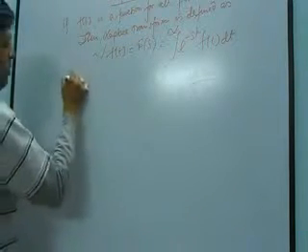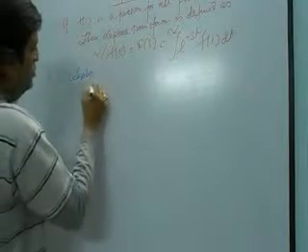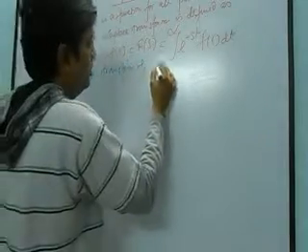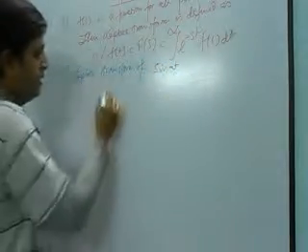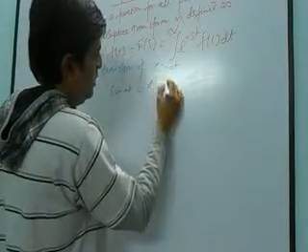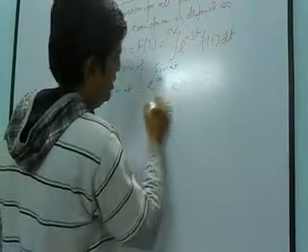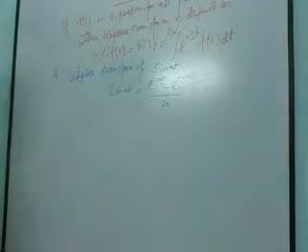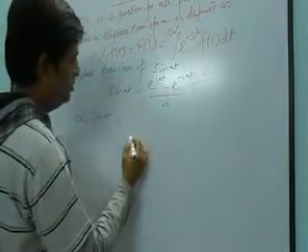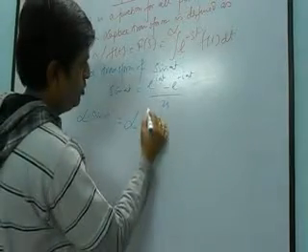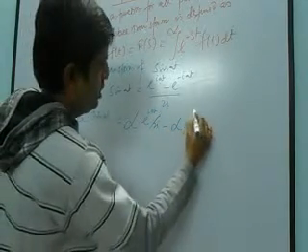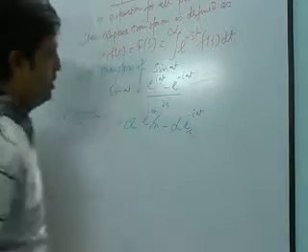Number 4, Laplace transform of sin at. Sin at can be written as (e to the power iat minus e to the power minus iat) divided by 2i. So now the Laplace transform of sin at is equal to the Laplace transform of e to the power iat divided by 2i minus the Laplace transform of e to the power minus iat divided by 2i.